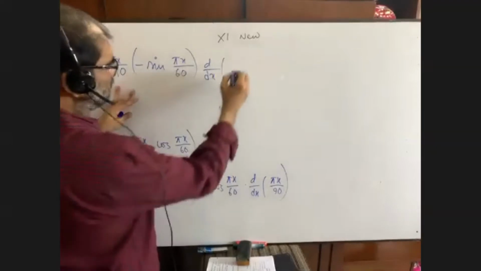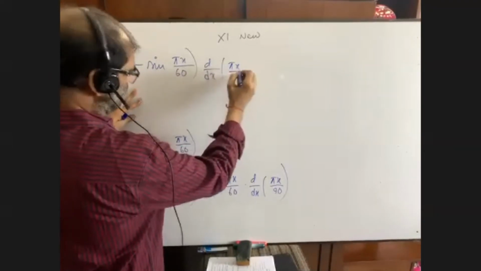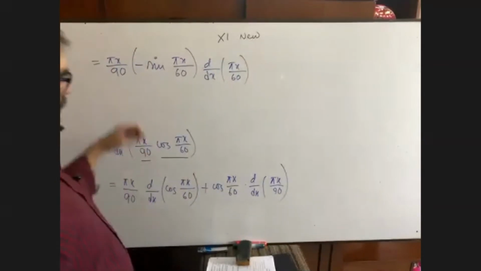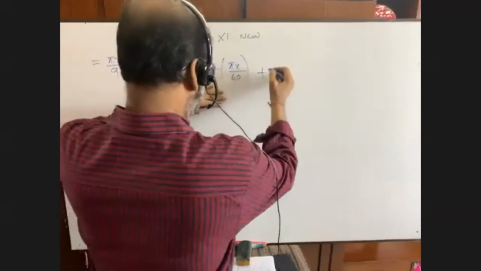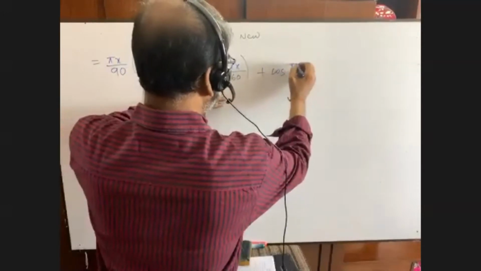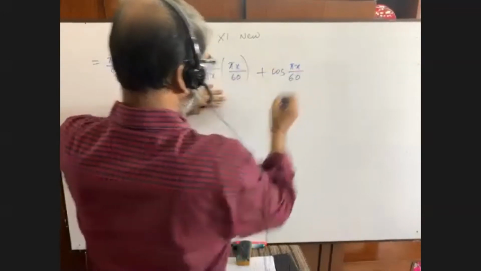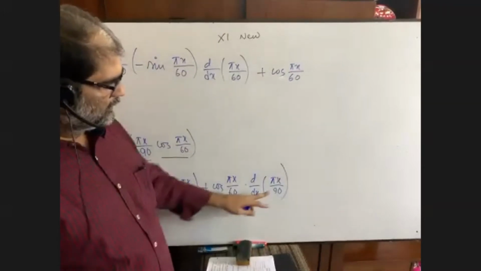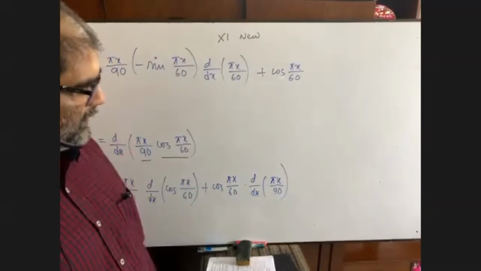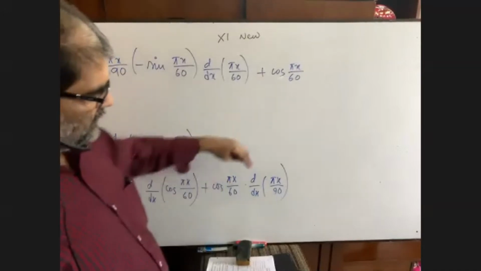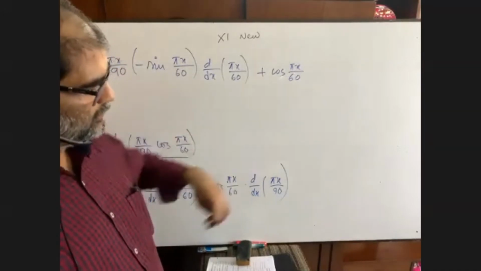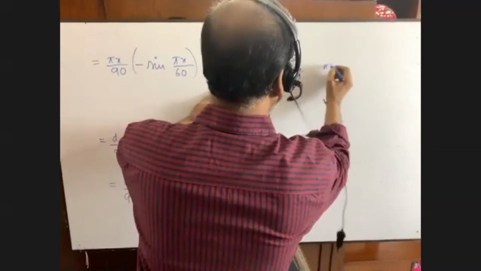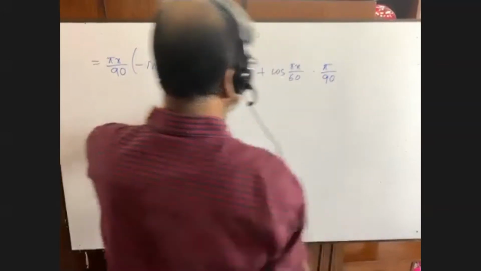So d by dx of pi x by 60, plus cosine pi x by 60, and here it is to be differentiated pi x by 90. What is the derivative of x? It is 1. So we are getting here only pi by 90.